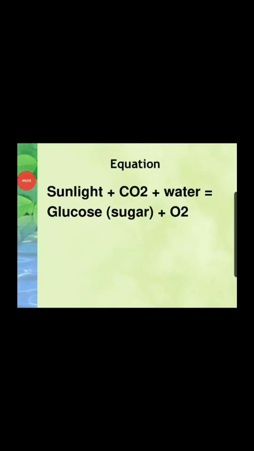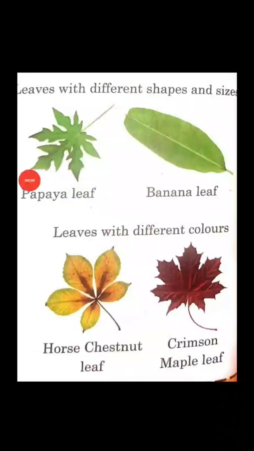The process of photosynthesis can be explained through this chemical equation, which says sunlight plus CO2, that is carbon dioxide, plus water gives out the food in the form of glucose or sugar and also gives out oxygen in the air. So this is the process of photosynthesis.